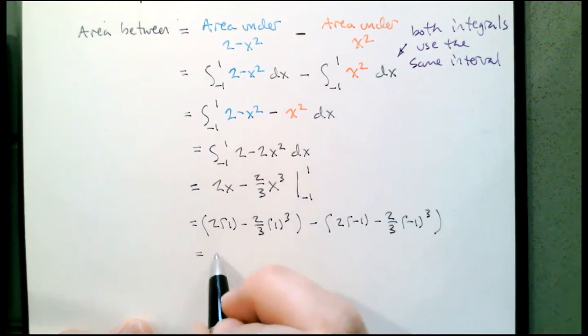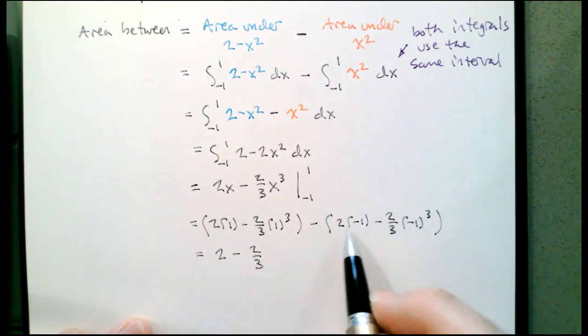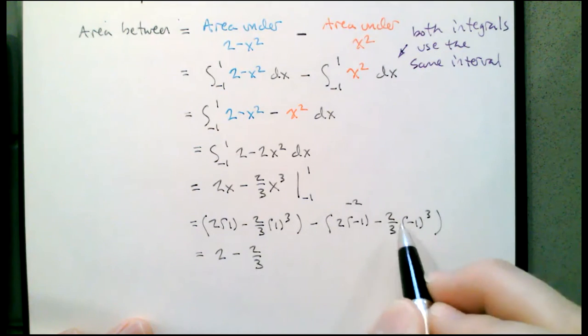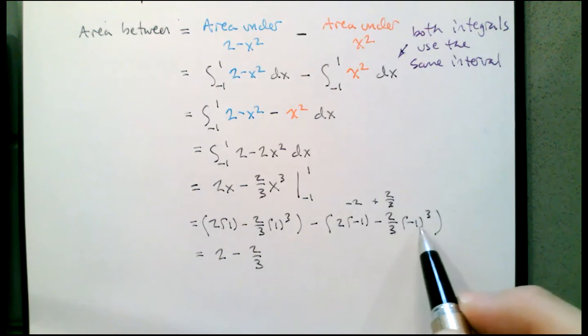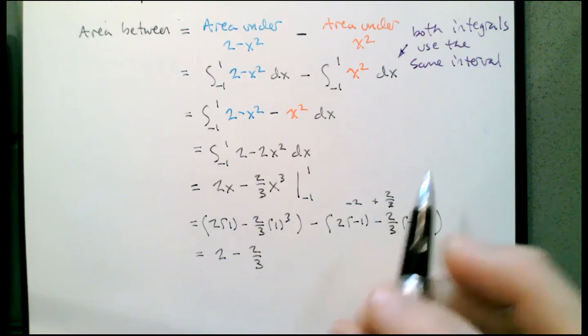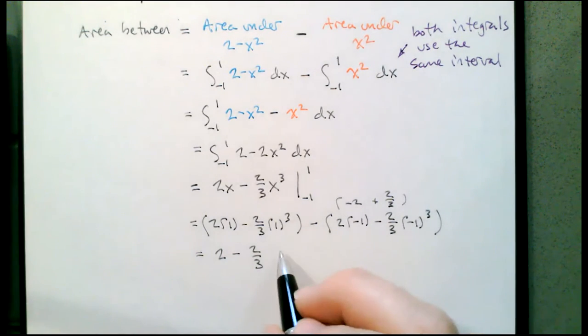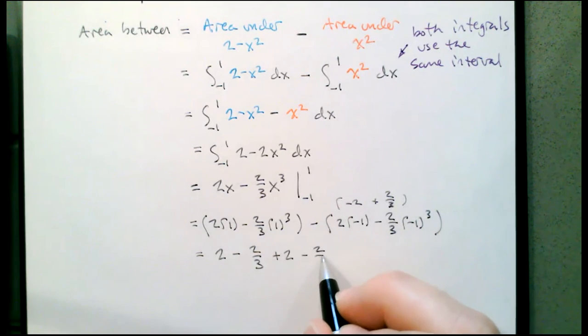So let's see what we got. We got 2 minus 2/3 minus a -2. So it's going to be -2, and negative makes plus 2/3. Right, negative times negative is positive. But we're subtracting, so minus and minus is plus 2 minus another 2/3.